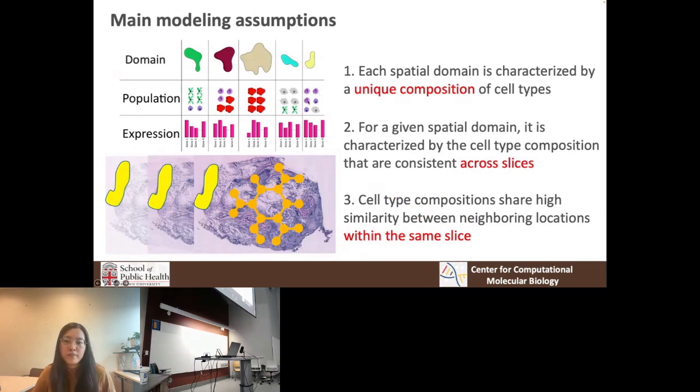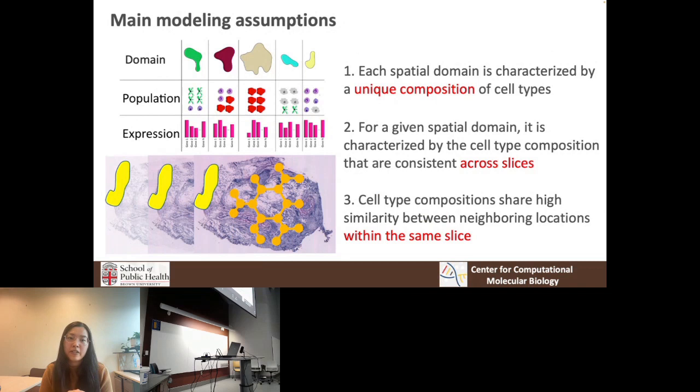Specifically, we assume that each spatial domain is characterized by its unique composition of cell types. And then for a given spatial domain, across these slices, if the locations on different slices belong to the same spatial domain, this domain is characterized by cell type compositions that are consistent across these slices, but we still allow for variability in terms of their cell type composition, or low dimensional representation in the cell type space.